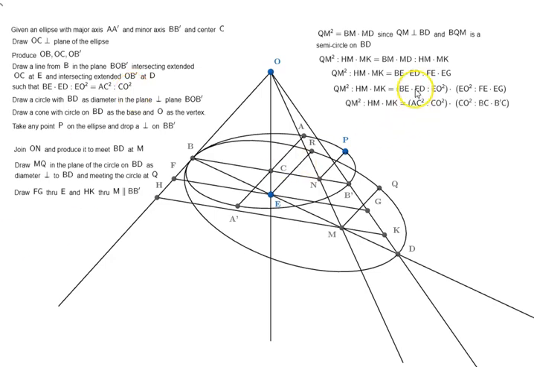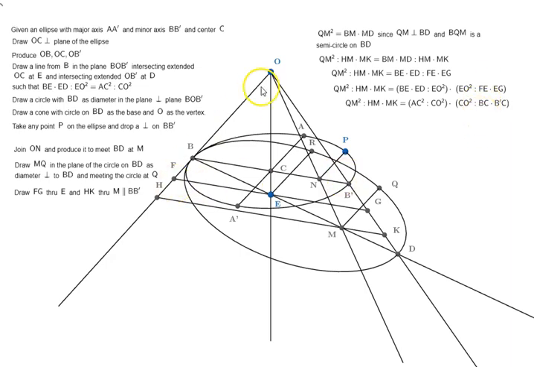So we can substitute that. And similarly, EO square is to FE times EG can be written as CO square is to BC times B prime C. Why? Because BB prime and FG are parallel to each other, which means these ratios will remain the same.